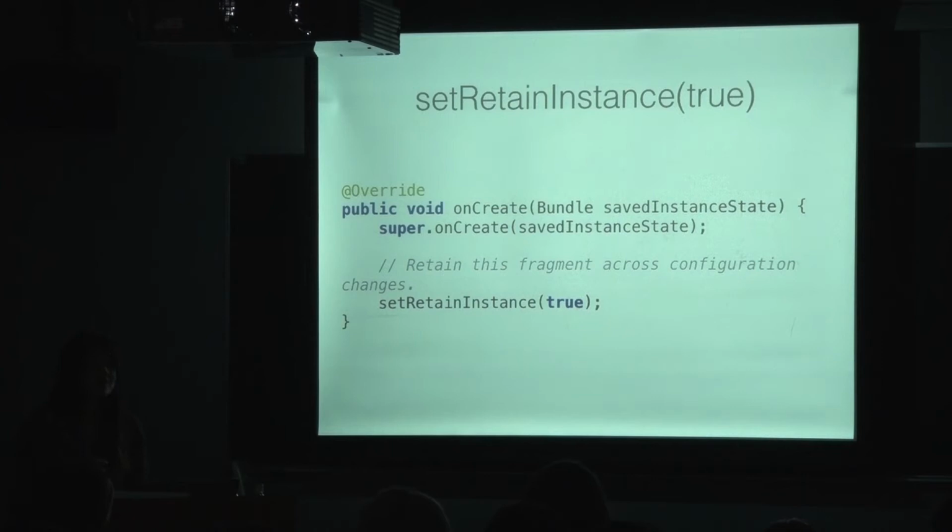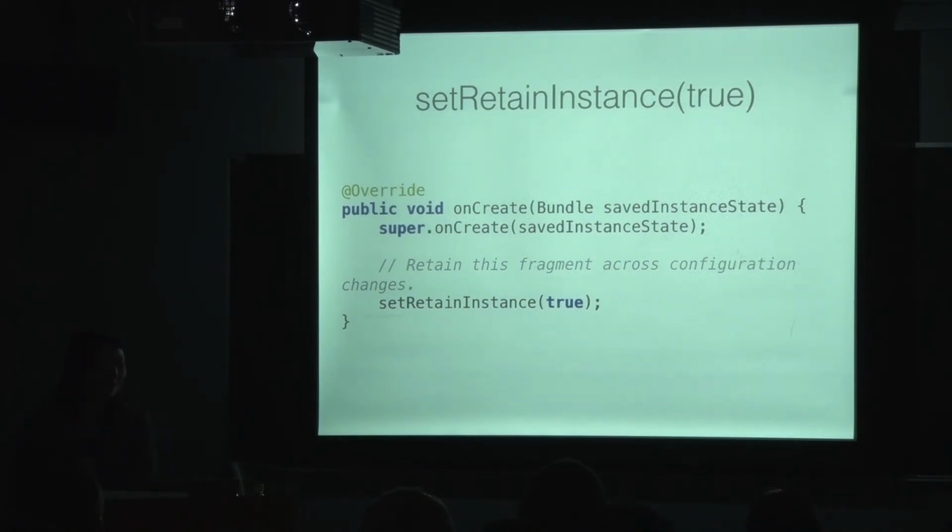The good part about this is that the fragment is still detached from the activity, and then on attach will get called, so that way the fragment is attached to the new activity. Like in a configuration change, it'll be detached from the old activity that's going away and attached to the new one that's been created.